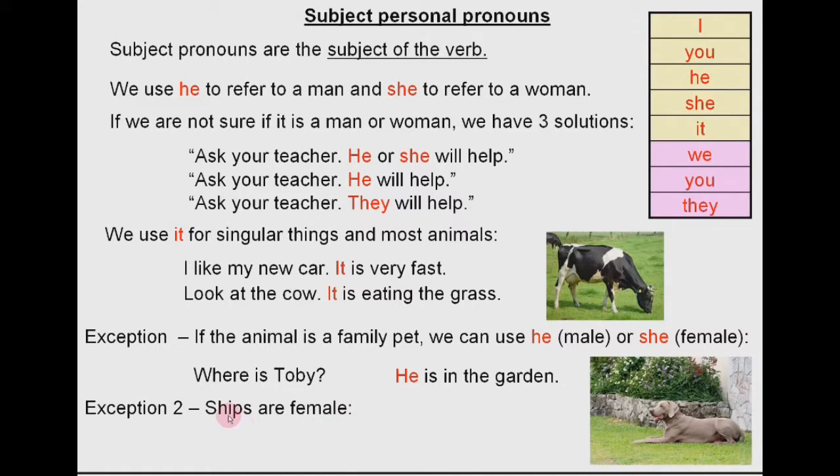So in English, ships are in fact female. Example, the Titanic was a British ship. She sank in 1912. Okay, she sank in 1912. So we do not say it sank, because ships are female.